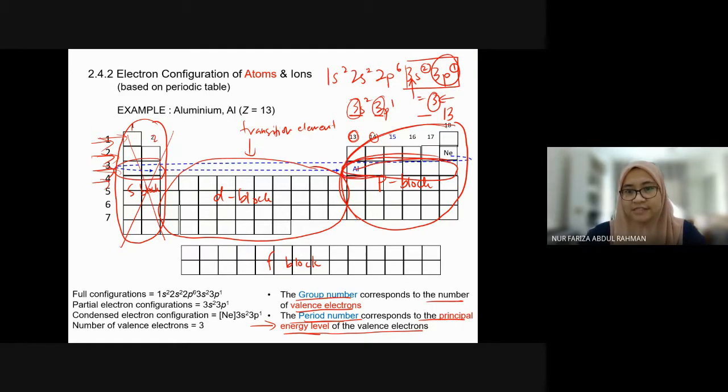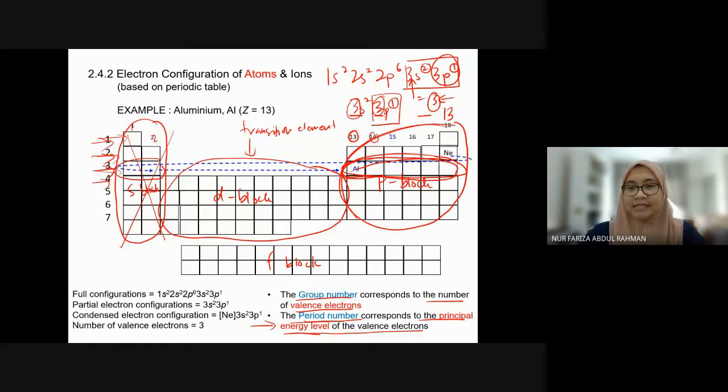We have 6 possible elements. How do we narrow down from there? Another tip, there are 2 ways. One way is based on the last sub-level being filled, 3p1.